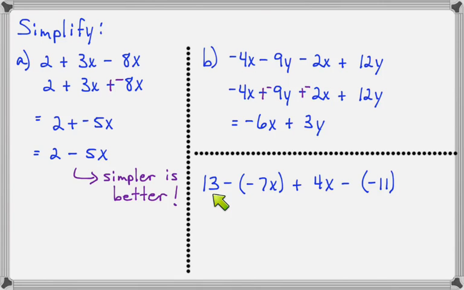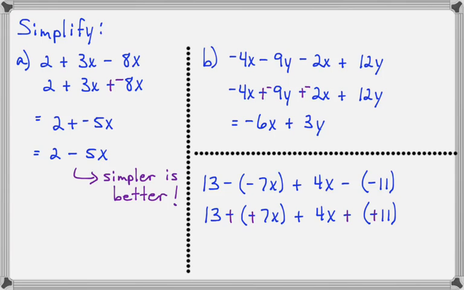One more: 13 minus negative 7x plus 4x minus negative 11. Everywhere I use the word minus, I change minus to plus and change the sign of the next term. I did that here, and I'll do it here as well. Now that all I have are plus signs, let's combine like terms.